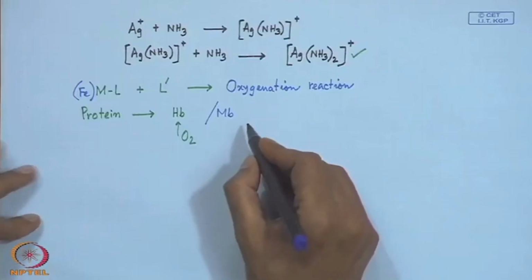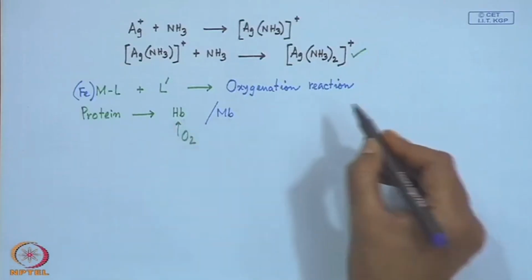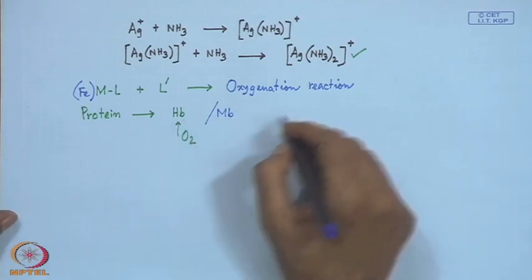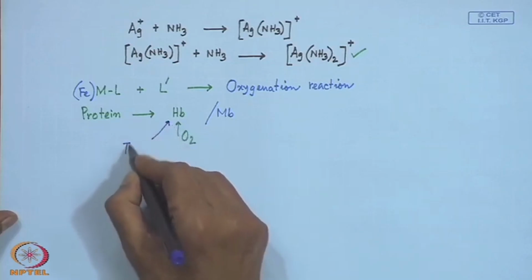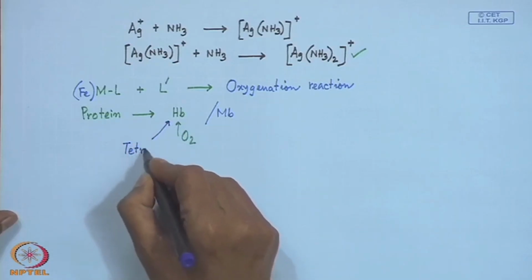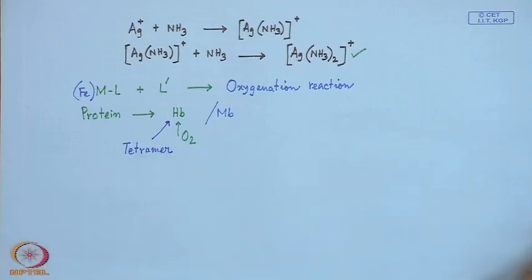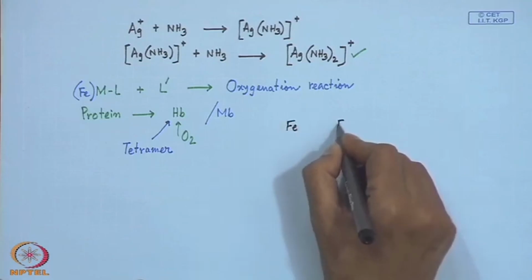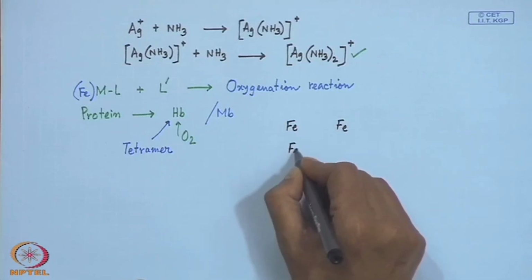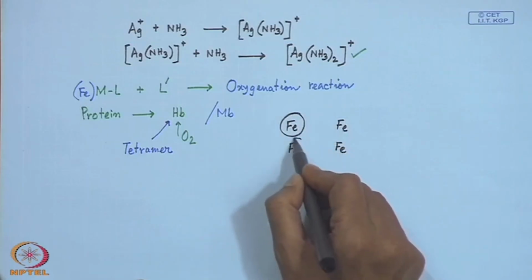So, in this particular case also, we know that the hemoglobin molecule is nothing but a tetrameric species. Tetramer means immediately we can see that we can have 4 iron sites. It is a heme protein type thing.